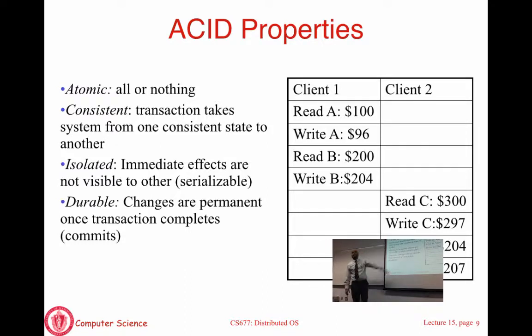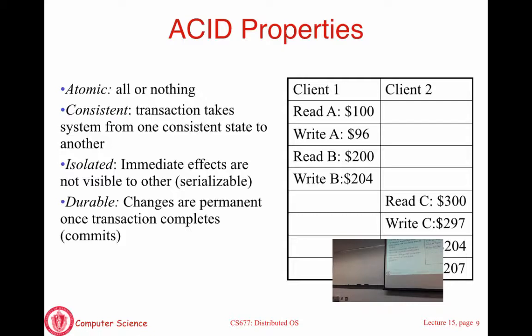So atomicity says all or nothing. Meaning that client 1 has executed all 4 of its instructions or nothing. Regardless of what happens, whether the client crashes or doesn't crash, your system is not going to be left in a state where client 1 started executing its transaction and halfway through it crashed. Now you are left with a database in an even more inconsistent state. You did not even finish what you started with. You cannot have that happen. It's going to impact the correctness of your system.